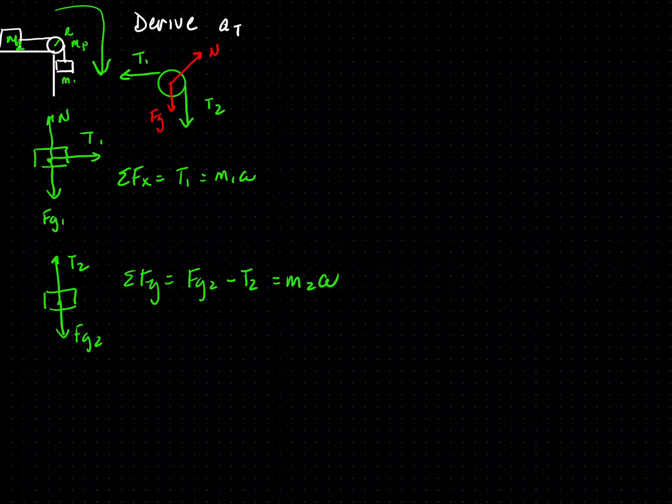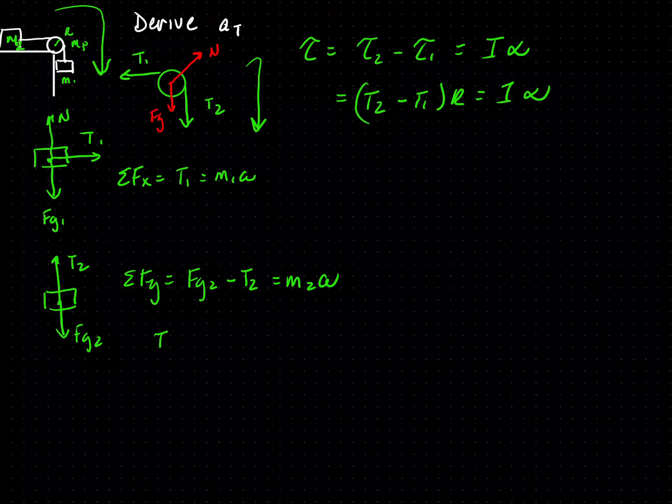Since the pulley produces a rotational motion, I need to write a torque equation. And since the object is going down, it's going to be the torque of 2 minus the torque of 1, which is equal to I alpha. Or since the radius is the same, we could write this as T2 minus T1 times R is equal to I alpha.